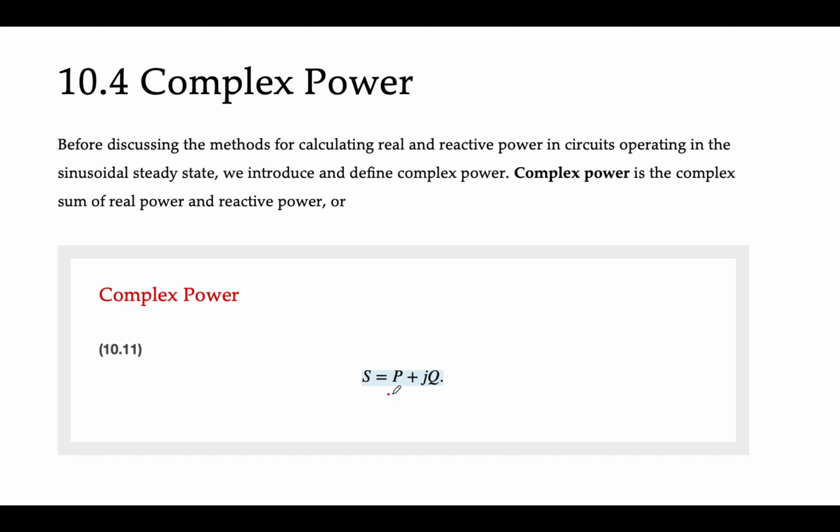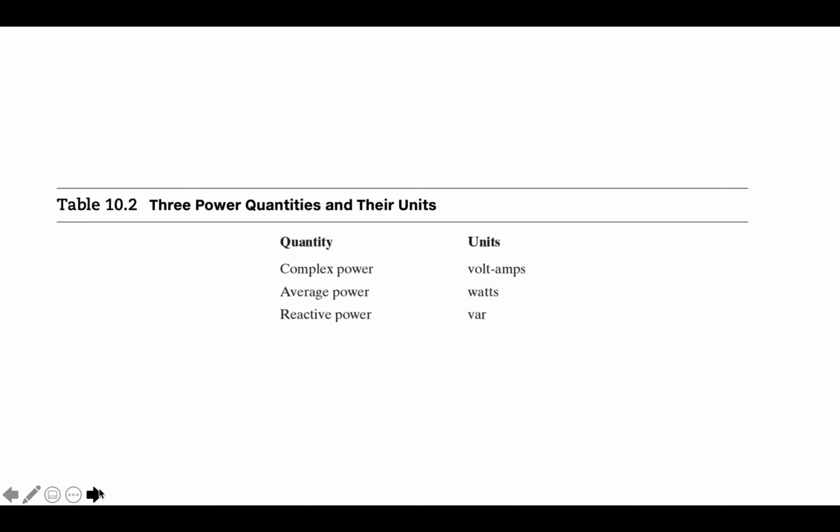So remember, P is our real power, Q is our reactive power. Complex power is defined as P plus JQ. So it is a complex quantity. Okay, so complex power has units of volt amps.